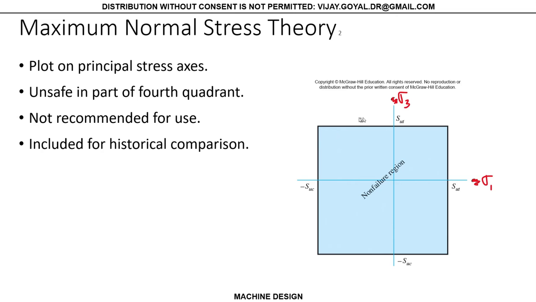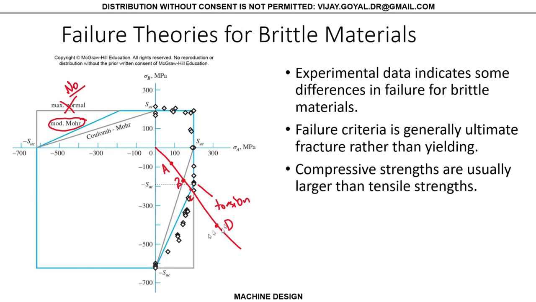Basically, the problem with this theory is that historically, in the old days, we used to use it because it's very simple to use, right? You just know what things are happening. However, we have found that in this particular quadrant, it is not safe. Using this theory produces unrealistic results, and we can see from the test data, right?